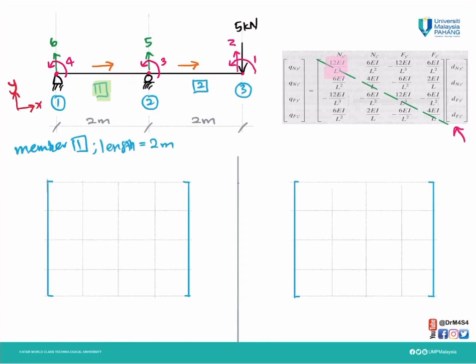So for K1, small k, we know the constant value is EI in this matrix, so we take that value out to make our calculation easier. So we need to find this value first in this cell.